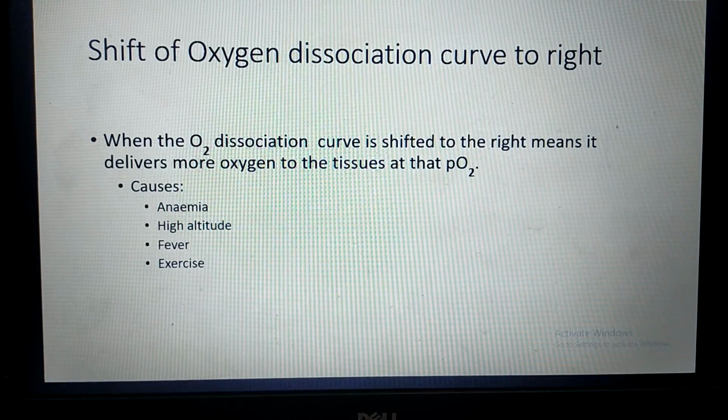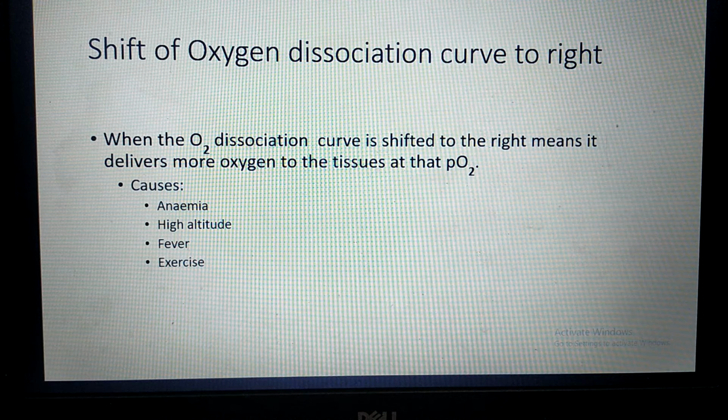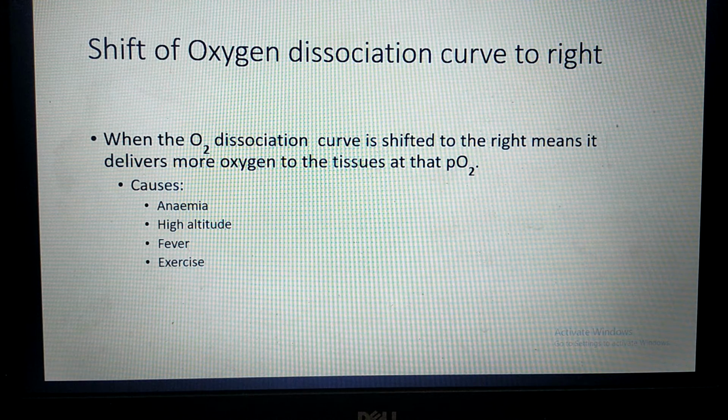Now there are some causes of shift of oxygen dissociation curve to the right. Shift of O2 dissociation curve to the right means it will deliver more oxygen to the tissues. The causes of shifting of O2 dissociation curve to the right are anemia, high altitude, fever, exercise.